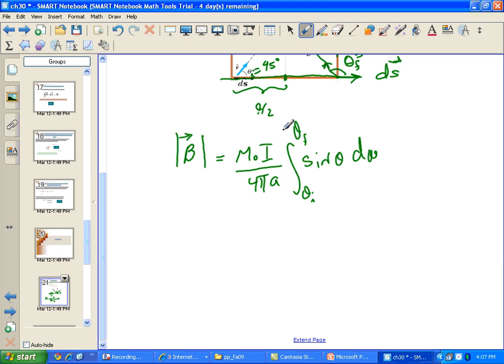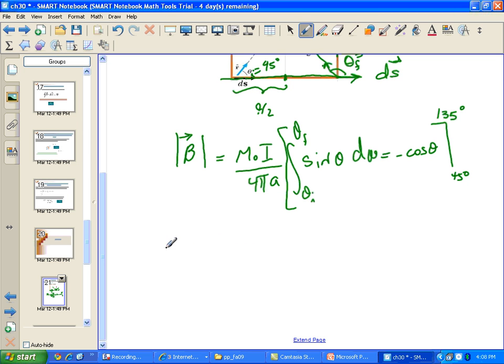Of course, the integral of sine theta d theta is equal to minus cosine theta, and we'll evaluate it at the endpoints. In this case, we can use pi over 4 or 45 degrees because we don't have to work with radians, so I can write the endpoints as 45 and 135.